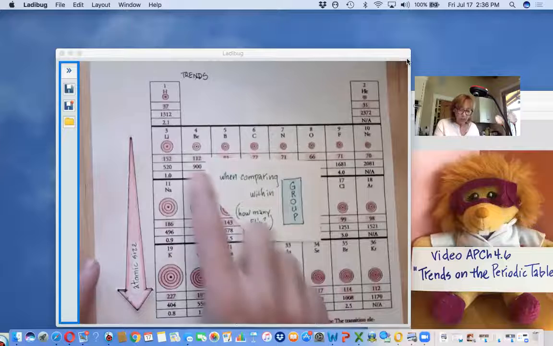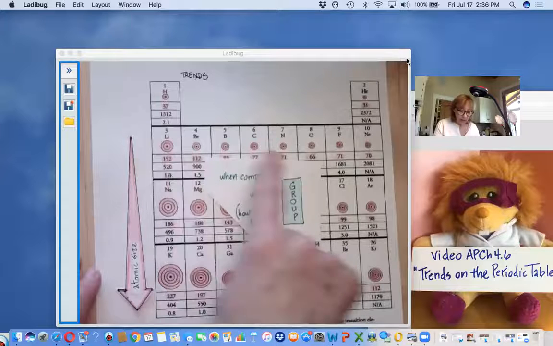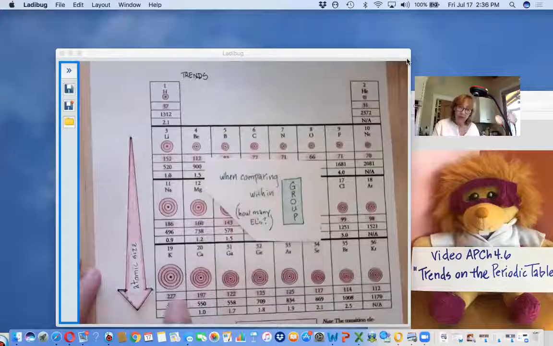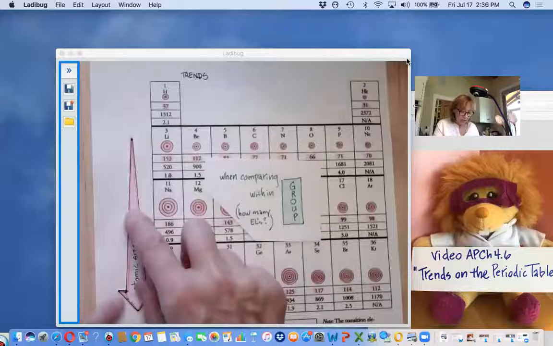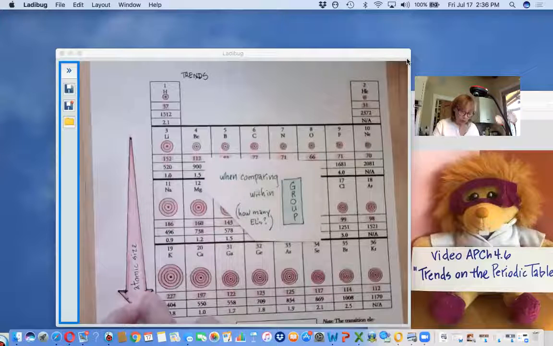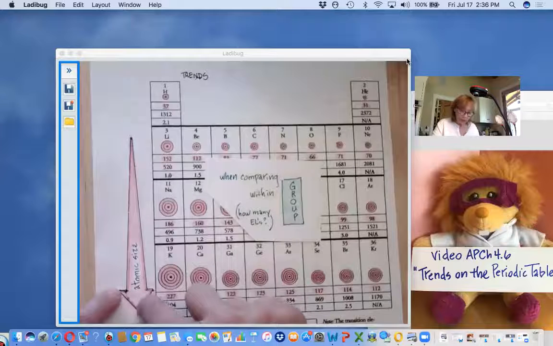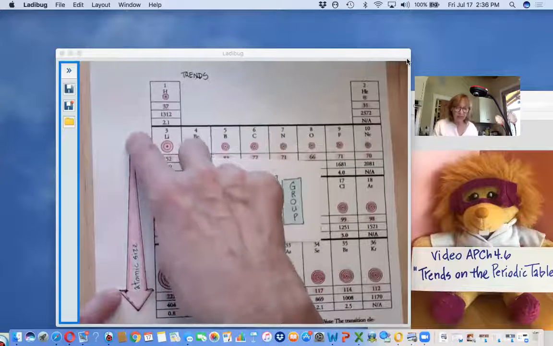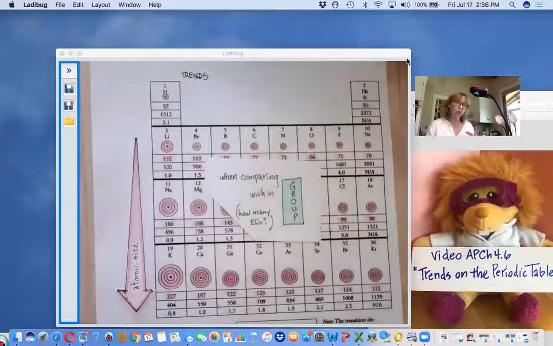So in addition to coloring in the shell diagrams and the atomic radii, I want you to make, in that same color, an arrow over here, not just any arrow, but make it an arrow that's really fat down here at the bottom and skinny at the top. I think that'll help you remember the trend.